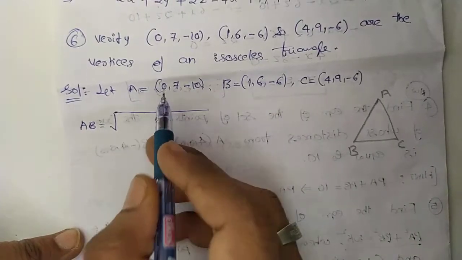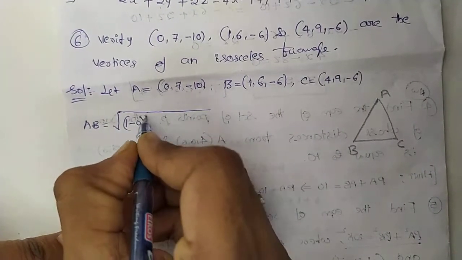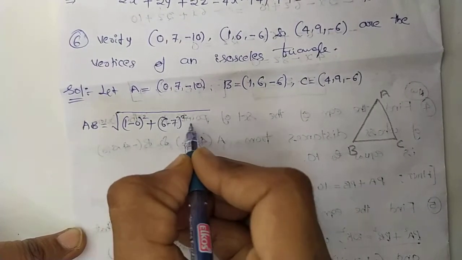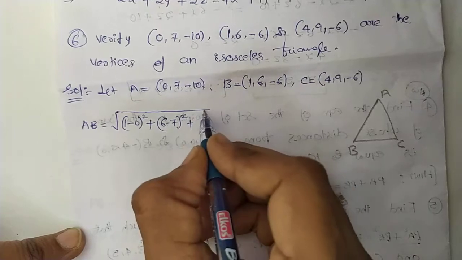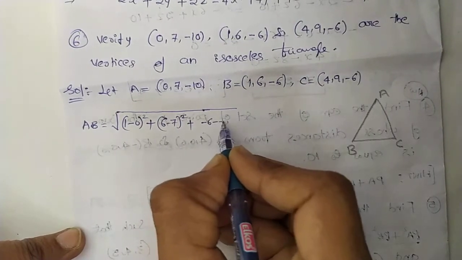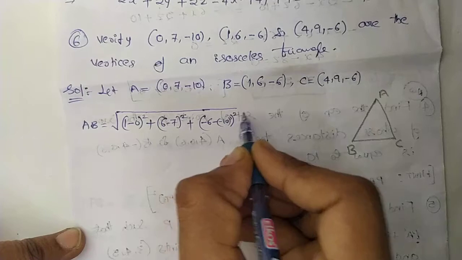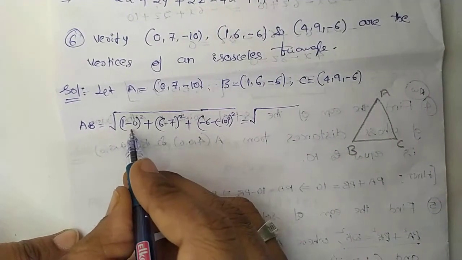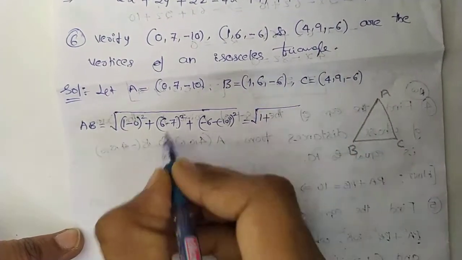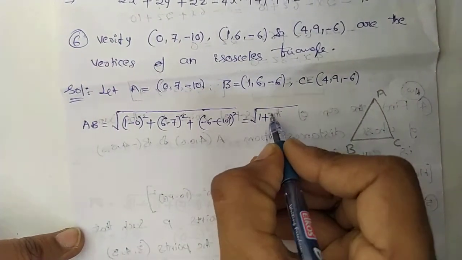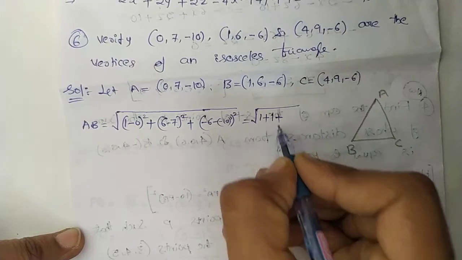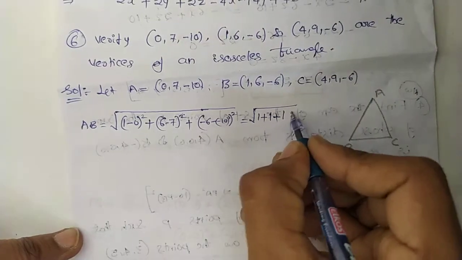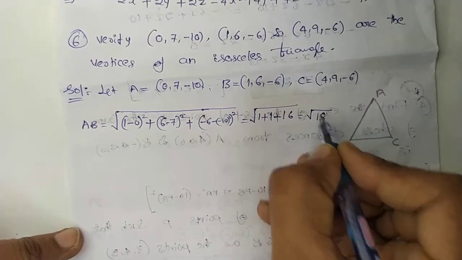AB equals the square root of (1 minus 0) whole square plus (6 minus 7) whole square plus (-6 minus (-10)) whole square, that is, square root of 1 minus 0 is 1, 1 square is 1, plus 6 minus 7 is minus 1, whole square is 1, plus minus 6 plus 10 is 4, 4 square is 16, that is 18, root 18.